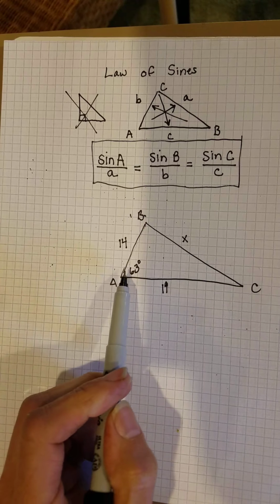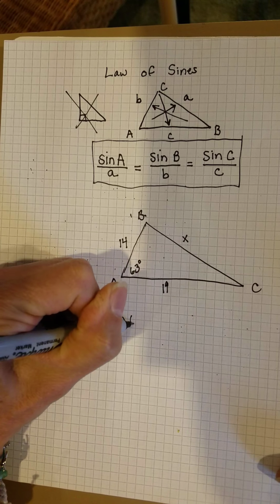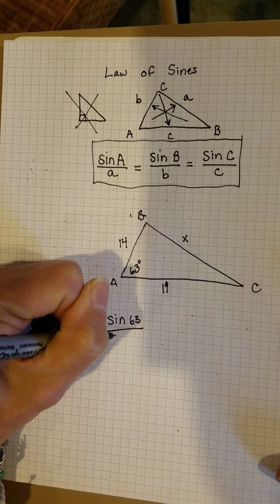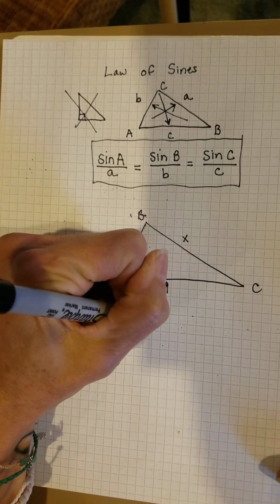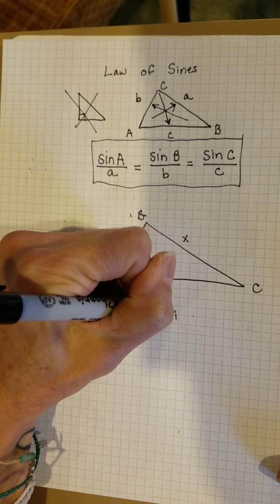So anyways, look what happens when I try to apply the law of sines. I would have sine of 63 is to x as the sine of B is to 19, right? B and 19 go together, and C and 14.